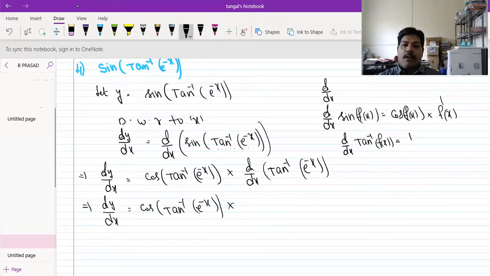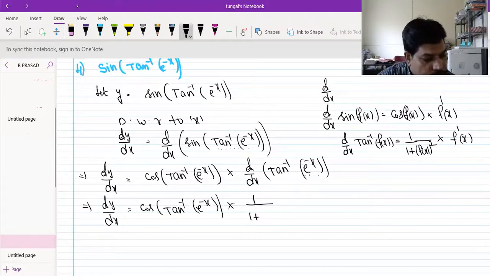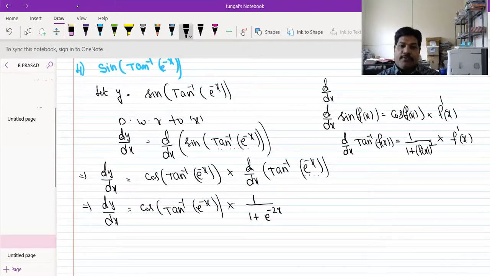It is 1 by 1 plus f of x whole square into f dash of x. Here tan inverse is f of x. So we get 1 by 1 plus e power minus 2x.